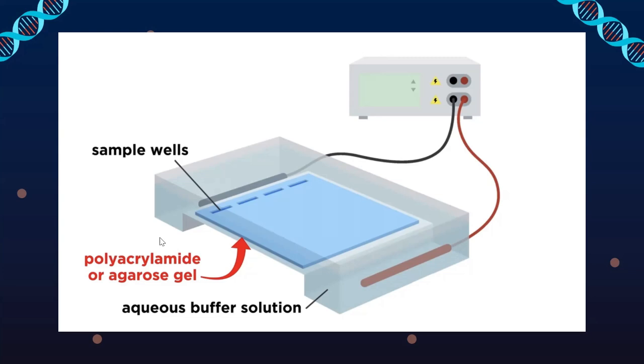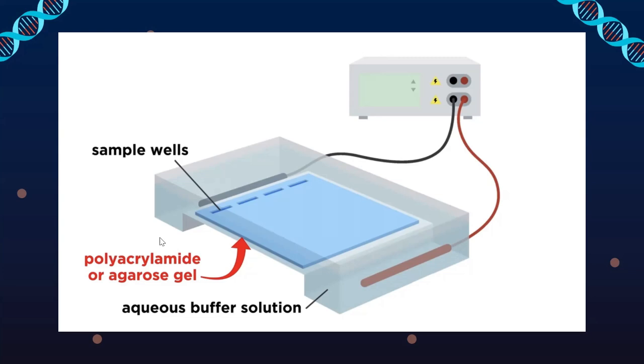So this actually provides a more finer separation of the smaller molecules, especially dealing with DNA fragments and proteins due to its tighter gel matrix. Yun nga lang, mas complex yung preparation when it comes to polyacrylamide. And also, it requires a careful handling and preparation of this synthetic polymer.